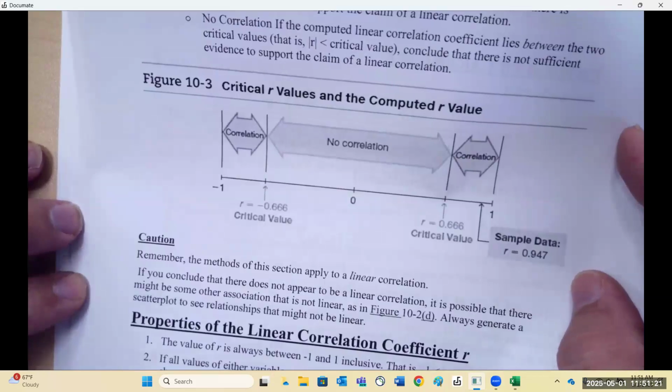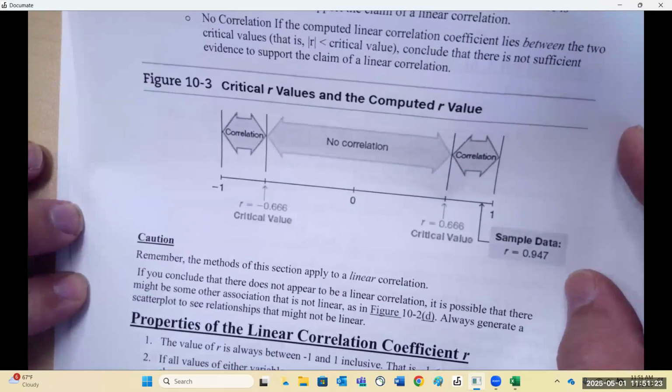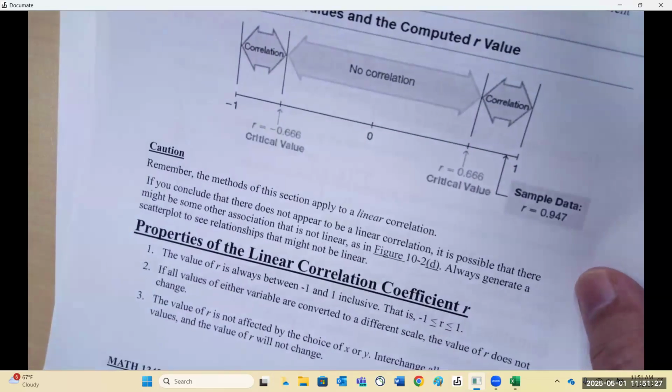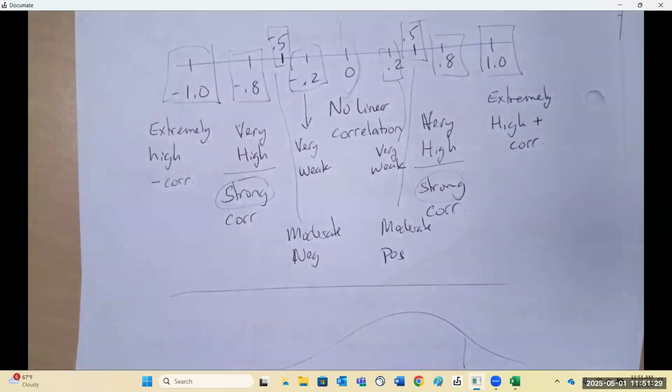Now, how does that relate to your hypothesis testing? Same way. If it's within the critical region, you reject the null hypothesis.